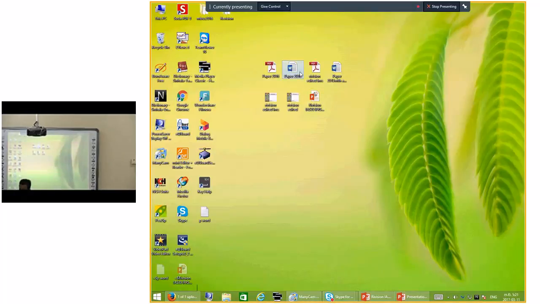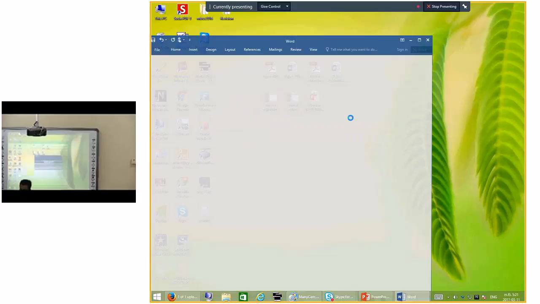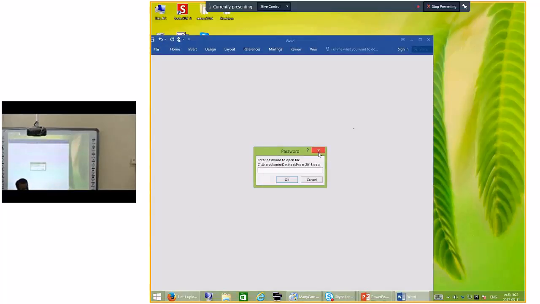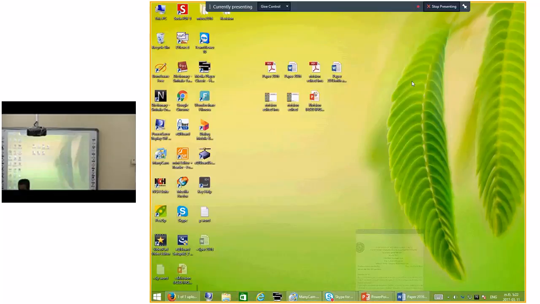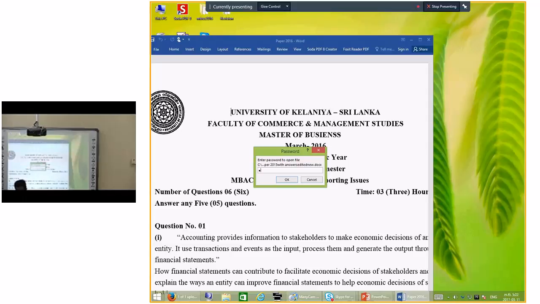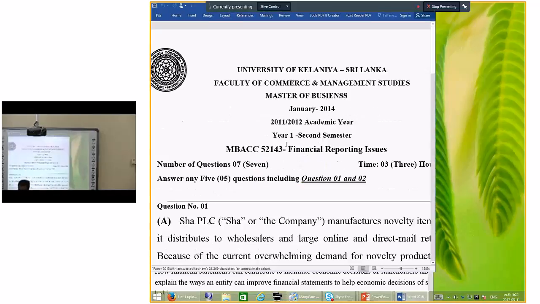First, let's see the 2016 paper we did last time. And there is also the 2013 paper. Look at the 2013 paper first.